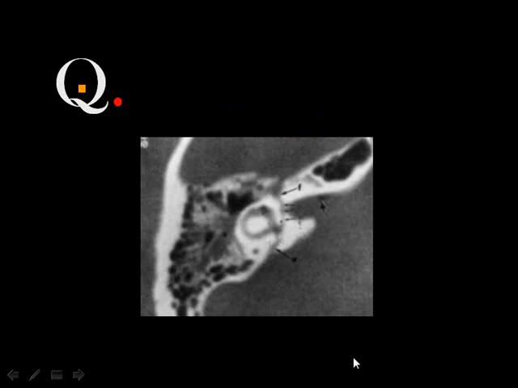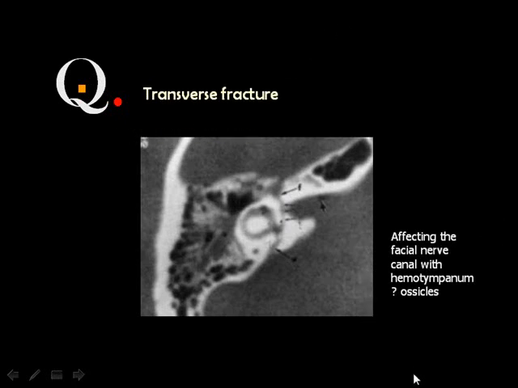Okay. The arrows point to these arrows. Fracture, which type? Yes, the transverse type. The transverse fracture affecting the facial nerve canal with hemotympanum.